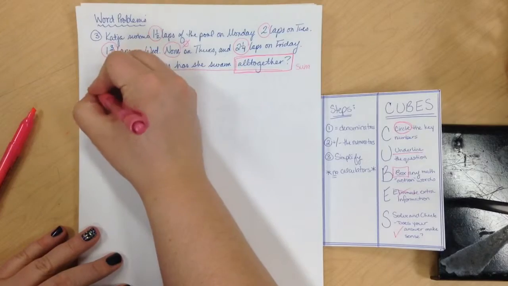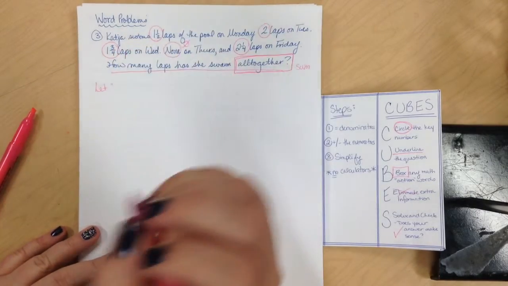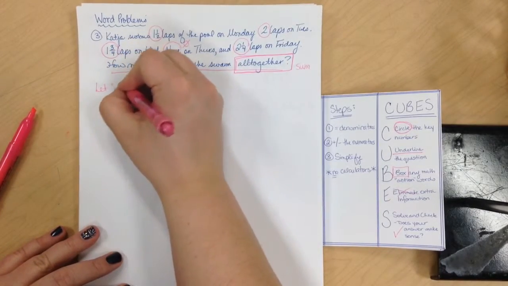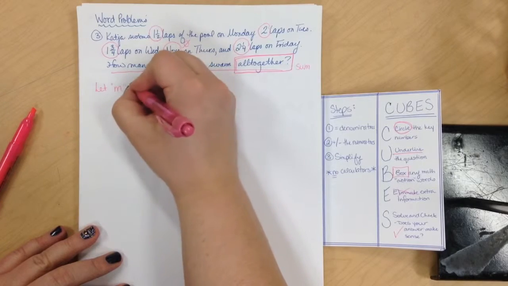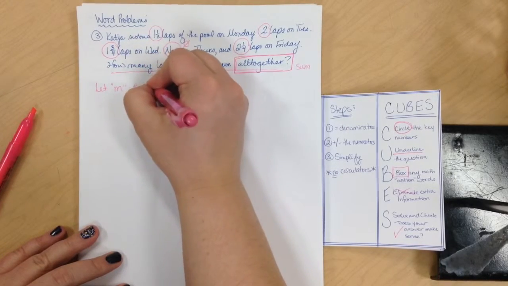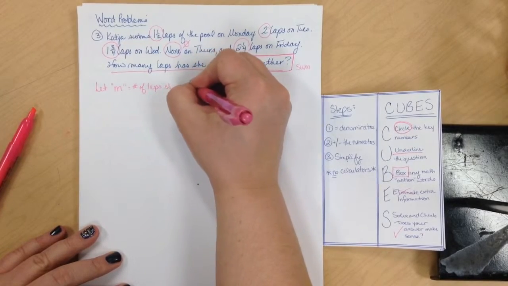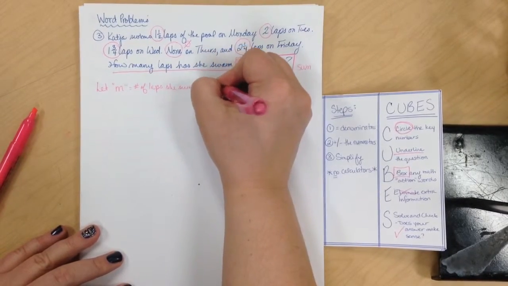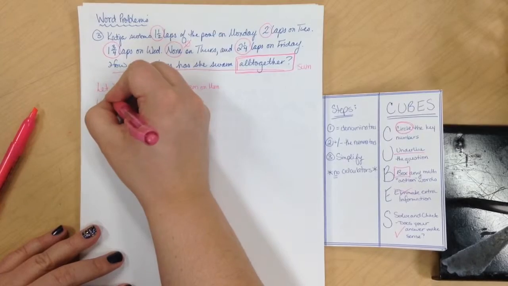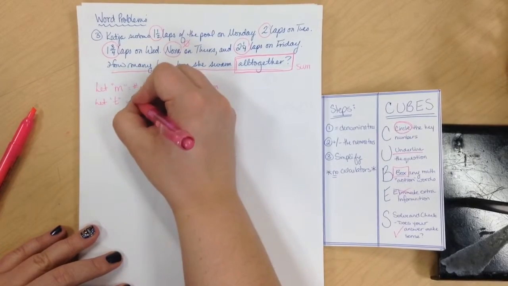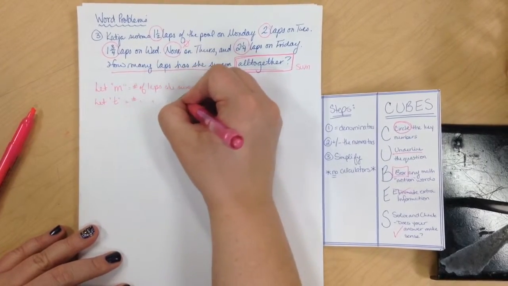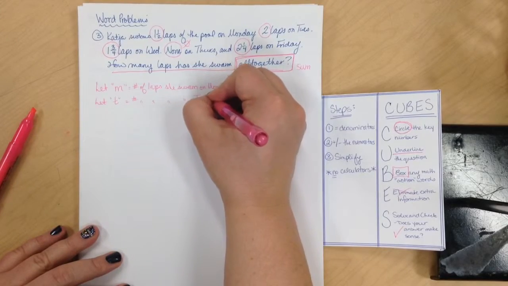Let M represent the number of laps she swam on Monday. Let T represent the number of laps she swam on Tuesday.